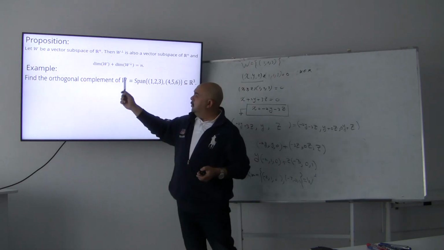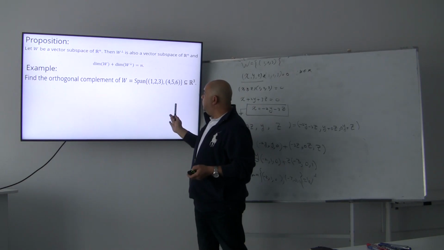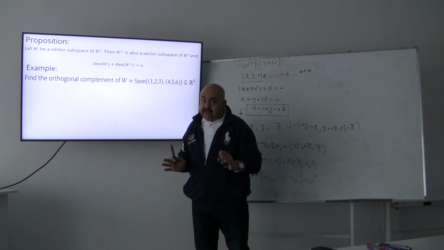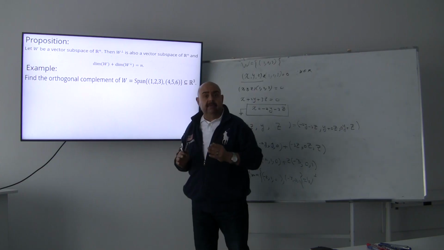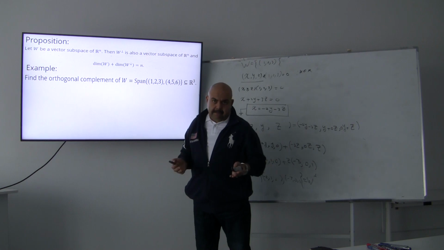If I want to get the orthogonal complement of W, which is only the span of 1, 2, 3, and 4, 5, 6, all I have to do is take advantage of the dot product of a vector and its orthogonal complement.